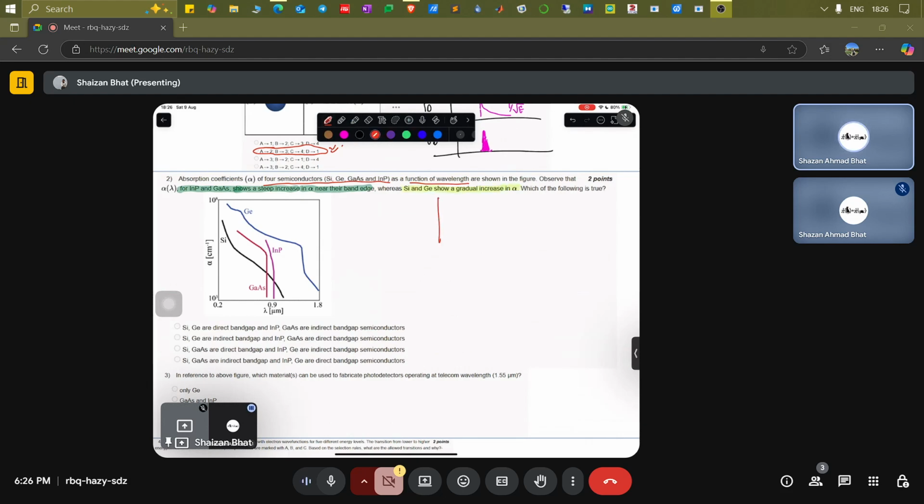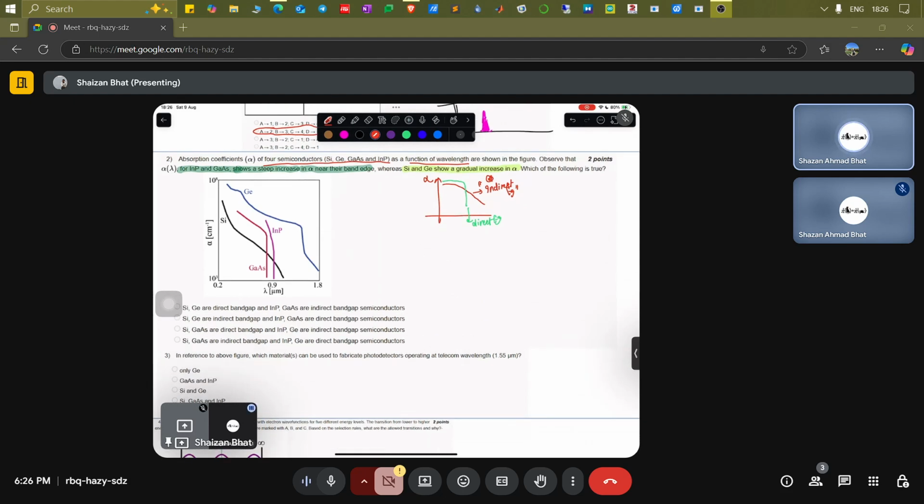I told you that if you have an absorption edge which shows a gradual increase or decrease, compared to another absorption edge which is sharp, the sharp one is mostly a feature of a direct band gap semiconductor, and the gradual one is a feature of an indirect band gap semiconductor. Now we have to see which is correct.